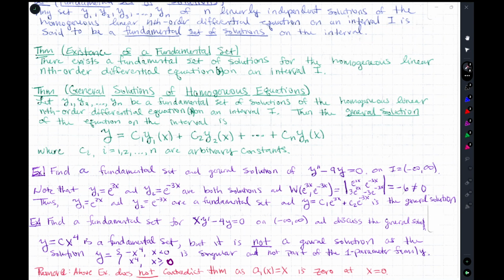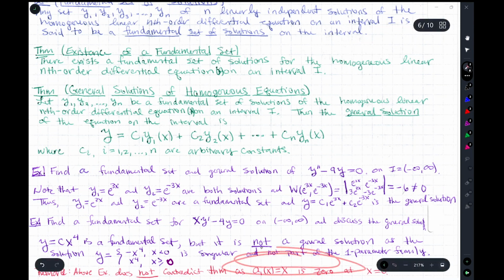Instead, x to the 4th works, and negative x to the 4th works as part of that one parameter family. But this also works as a solution, and you get that difference happening at x equals 0, where it splits off and becomes negative x to the 4th. And so that's our problem.